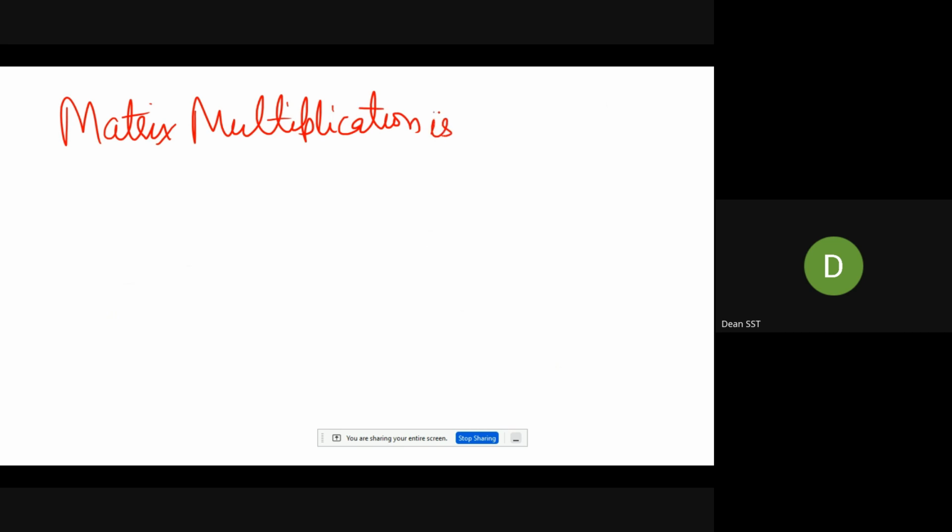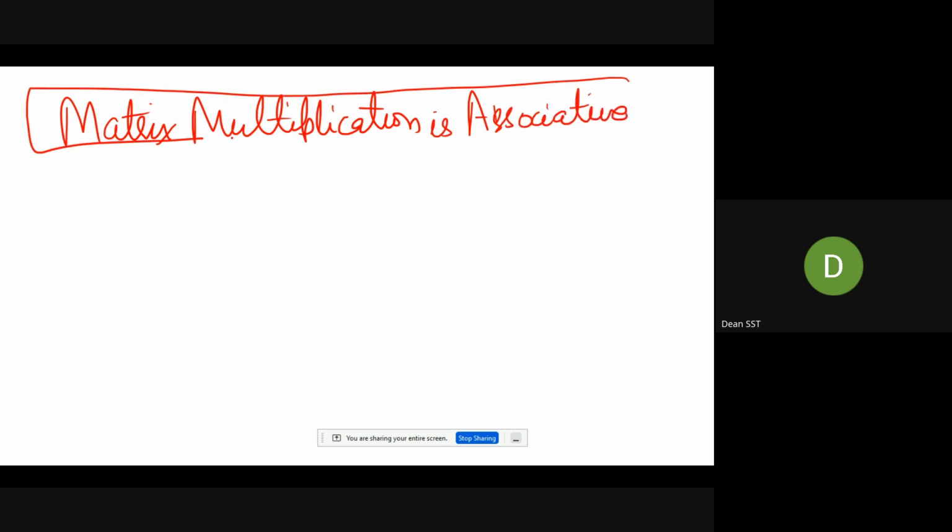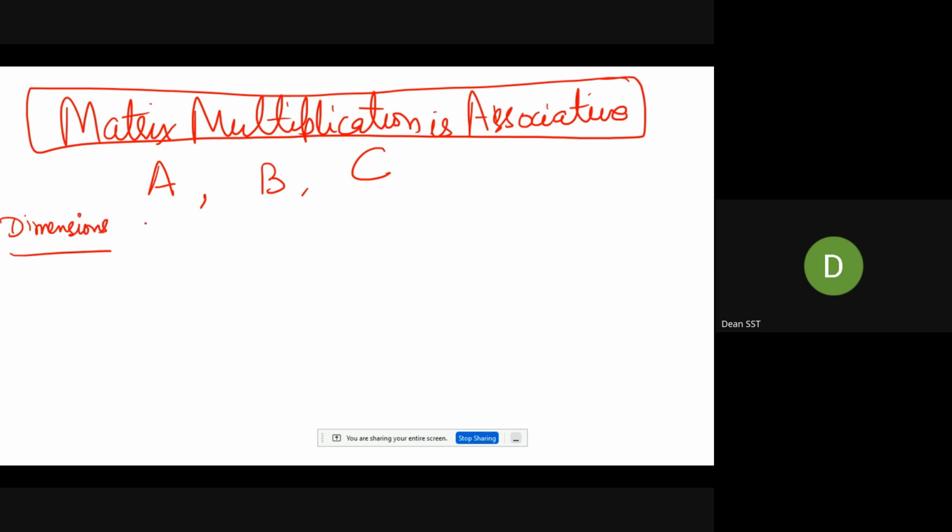Matrix multiplication is associative. Let us take 3 matrices A, B and C. In general, let us write the dimensions. Suppose A has dimension m into n, B has dimension n into p, and C has dimension p into q.